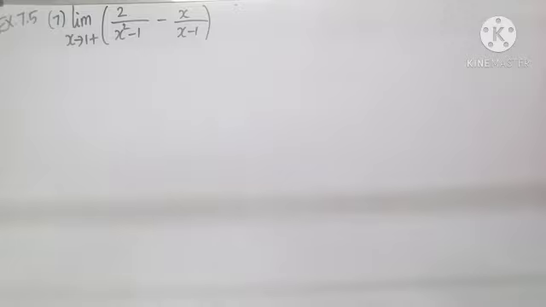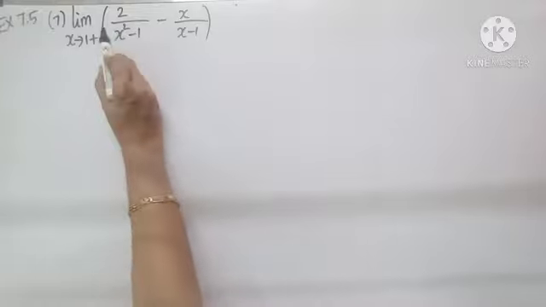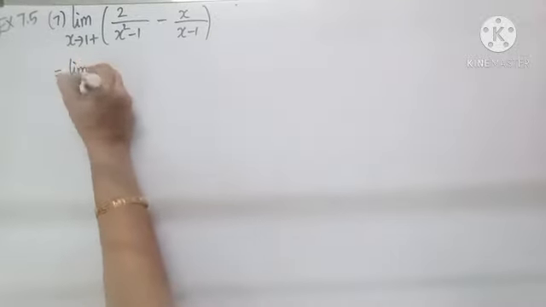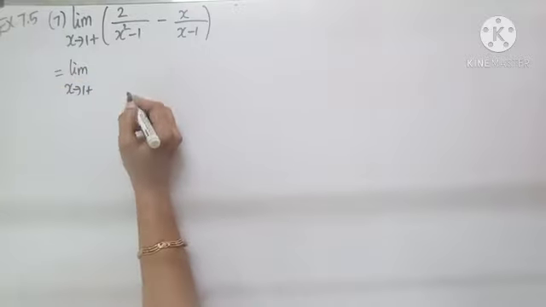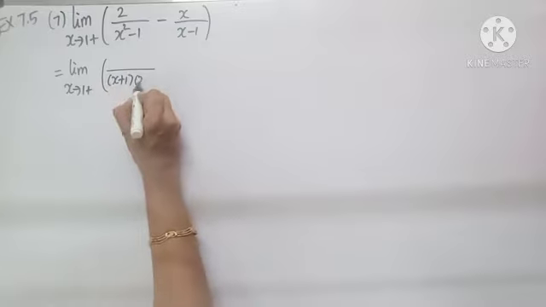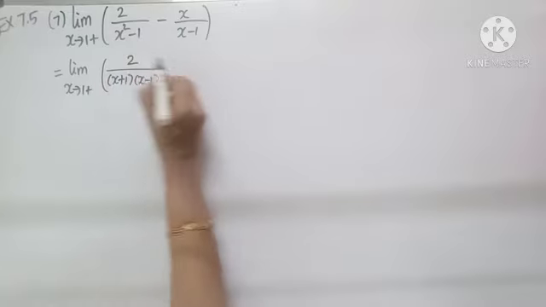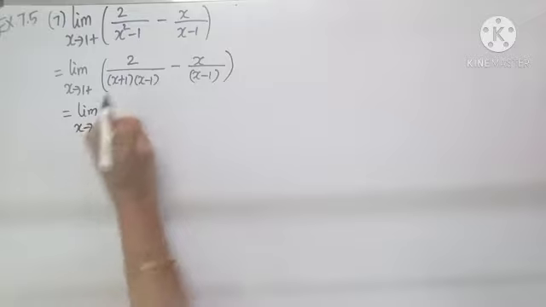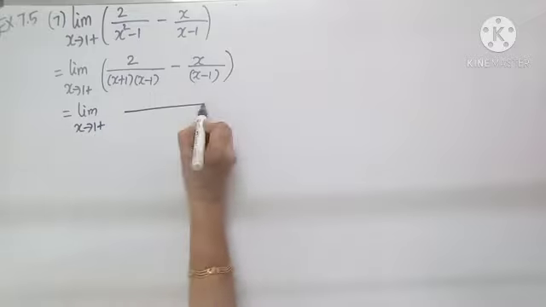Question number 7. Limit x tends to 1 plus, 2 by x square minus 1 minus x by x minus 1. Now, when the question is given like this, it is good that we take LCM. Limit x tends to 1 plus. This I can write as x plus 1 into x minus 1, minus x by x minus 1. The LCM will be x plus 1 into x minus 1.